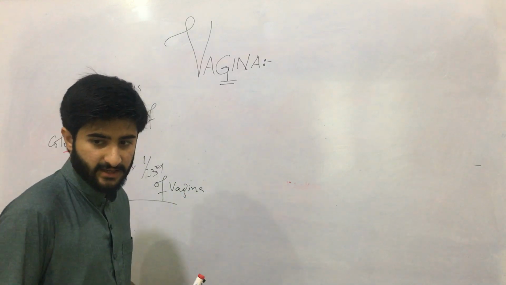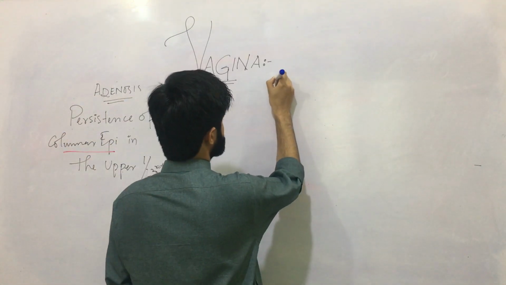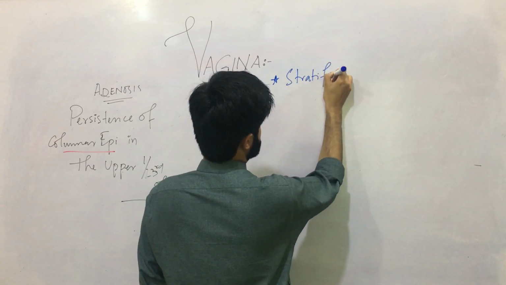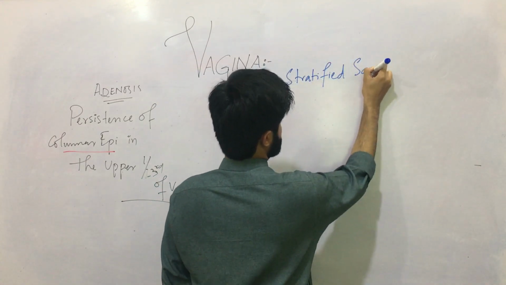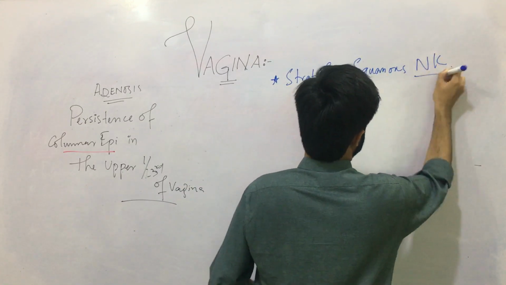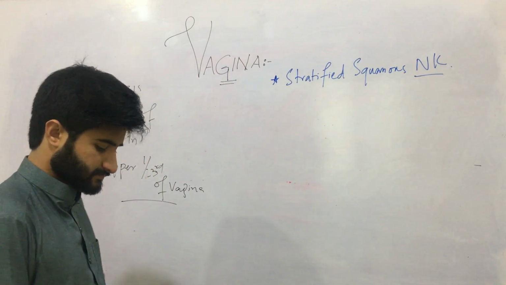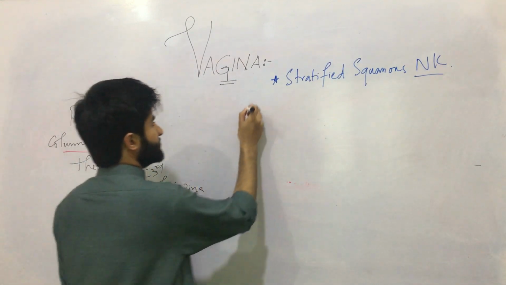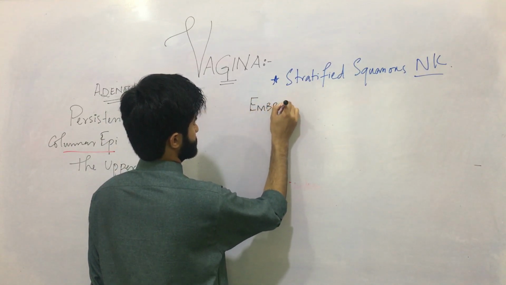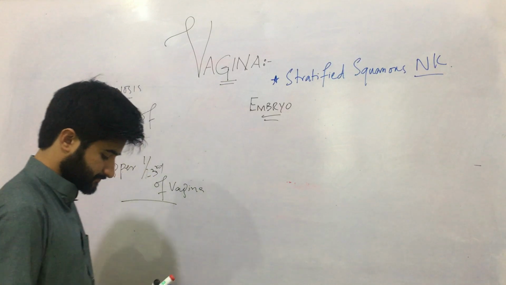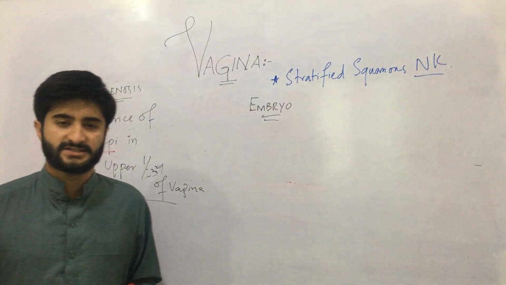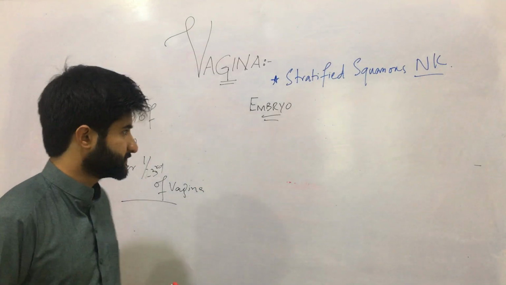Normal epithelium is lined by stratified squamous non-keratinized epithelium. But how it develops? So to have an idea of this, we'll go towards our embryology. The vagina basically is developed from two structures.